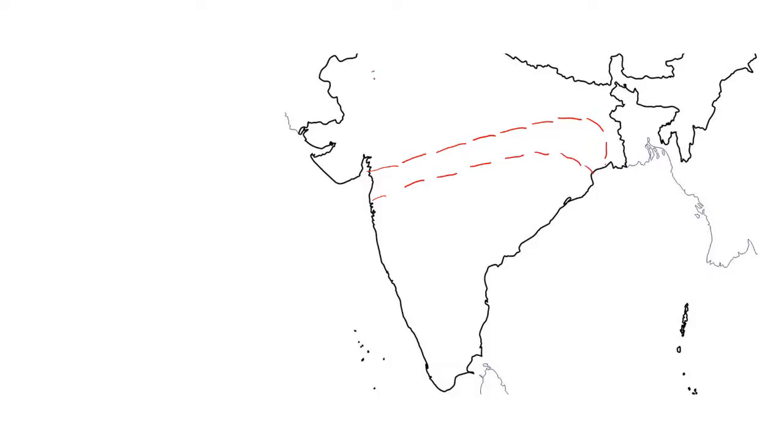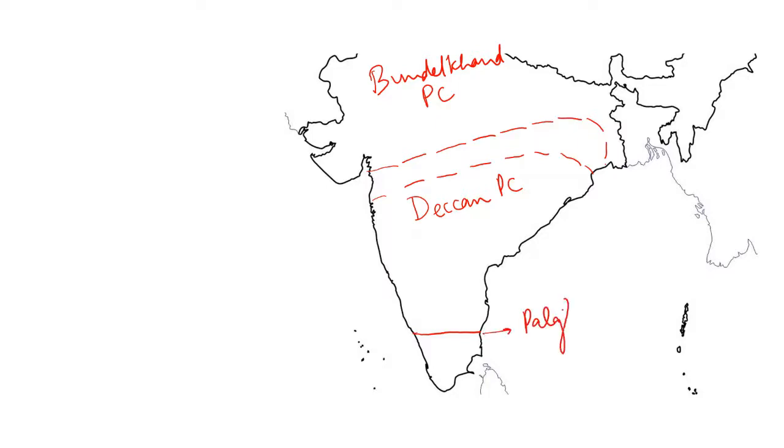If we try to draw it over here, this portion is the Bundelkhand protocontinent. This is the Deccan protocontinent. Deccan protocontinent exists only till here. This portion, which is the Palghat Kaveri shear zone, is much younger.